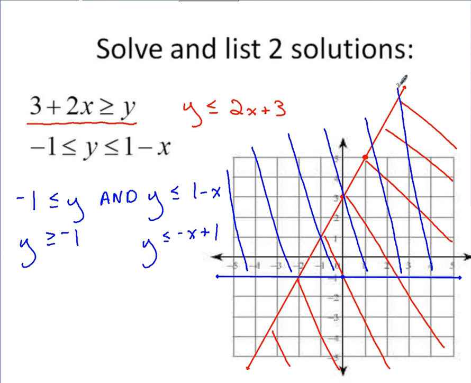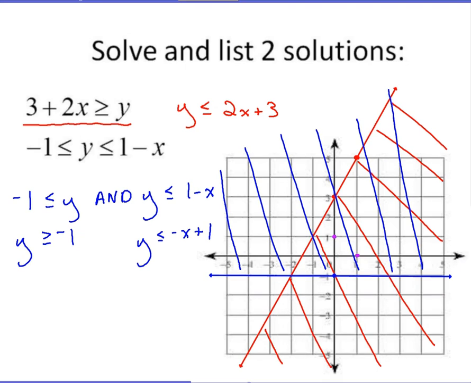But now if I graph this final linear inequality of y is less than or equal to -x plus 1, I'll plot my point here on the y-axis at 1. Got a slope of -1, so down 1 over 1, plot my other point. If I draw that line in, oh, hey, that's kind of cute.